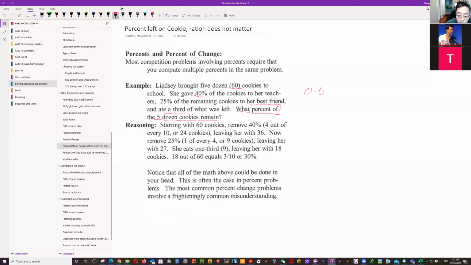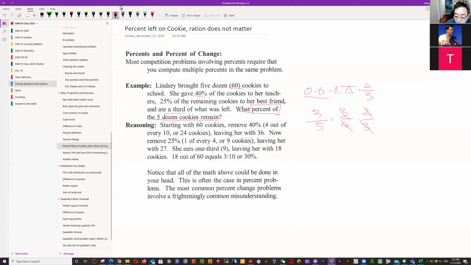Then 25%, so it's multiplied by 0.75 she gave away. And she ate a third of what was left, so it's 2/3 left. And when I see a fraction, I try to convert everything to fractions. So this is just 3/5 times 3/4 times 2/3.